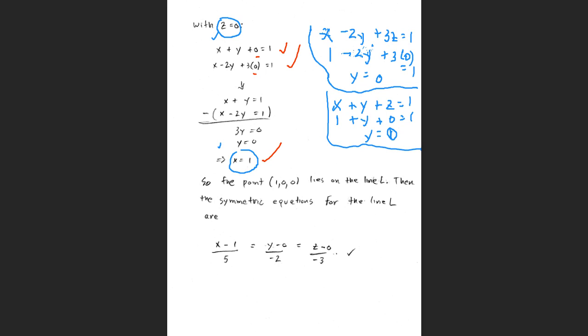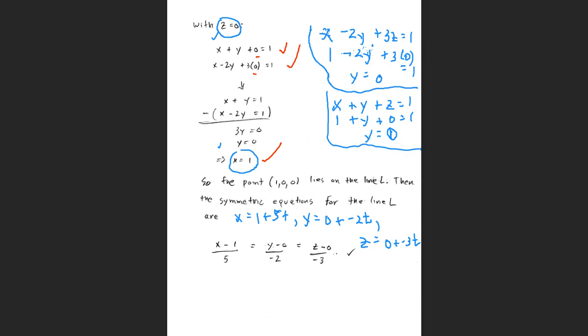If we were to write down the parametric equations for this line L, they are: x equals 1 plus 5t, y equals 0 plus negative 2t, and z equals 0 plus negative 3t, right?